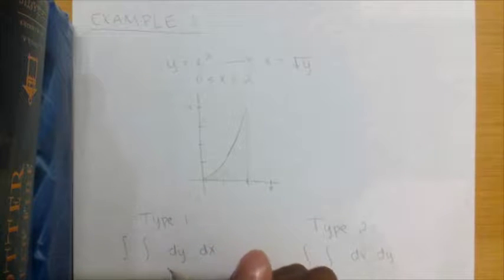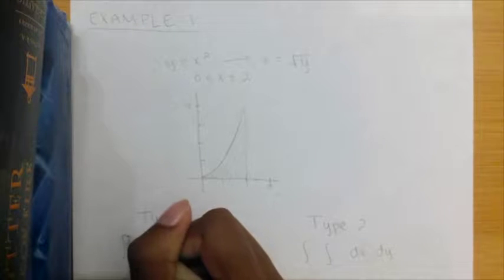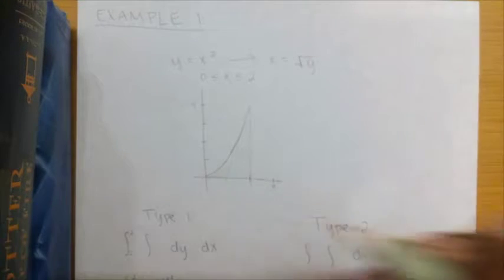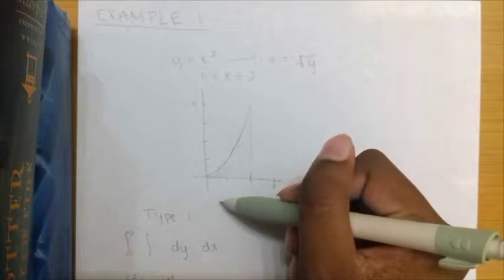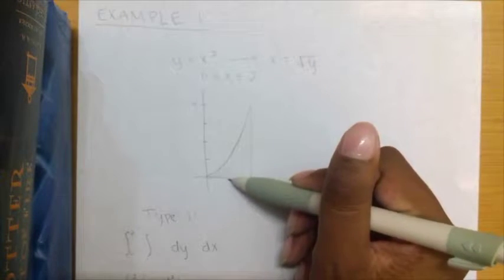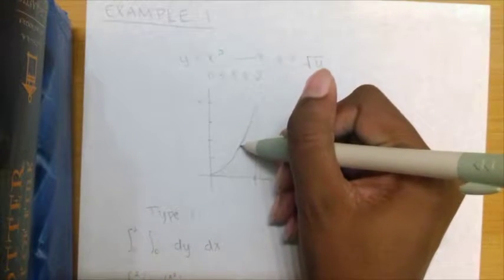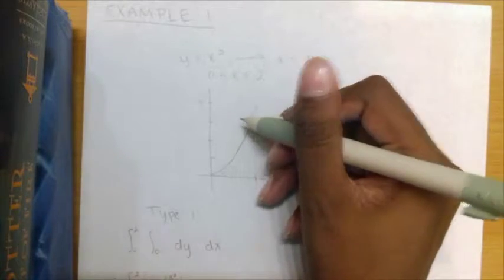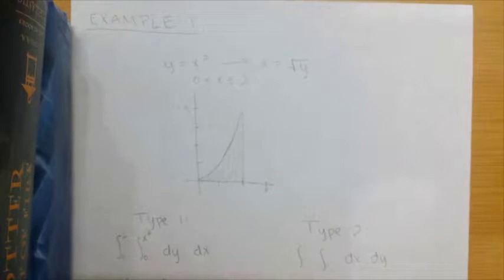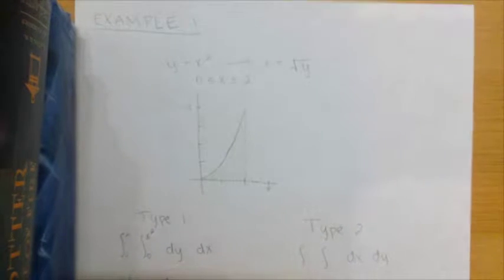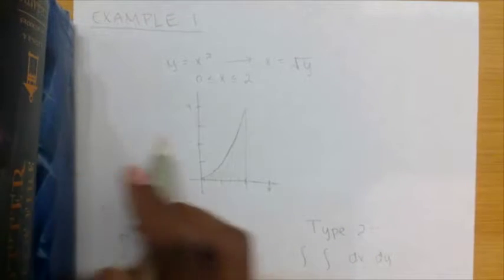So for type 1 integrals, we see that from 0 to 2, and then we move in the y direction. And so when we go up, first we pass through 0, and as we go up, we hit x squared. And for type 2, we are going from right to left.